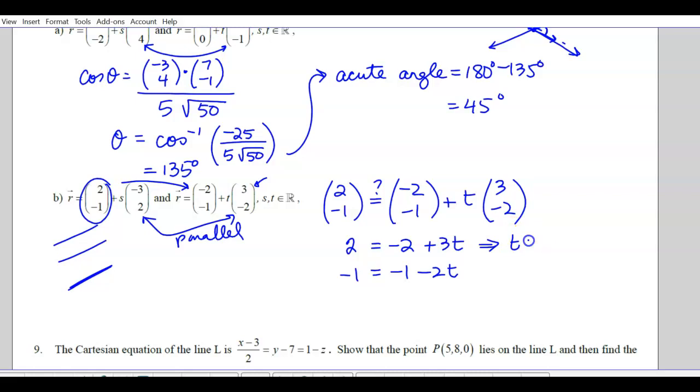So t is going to be 4/3. T here is going to be 0. Okay, so not the same, not equal. So therefore, the lines are parallel and distinct. Therefore, no angle between them.